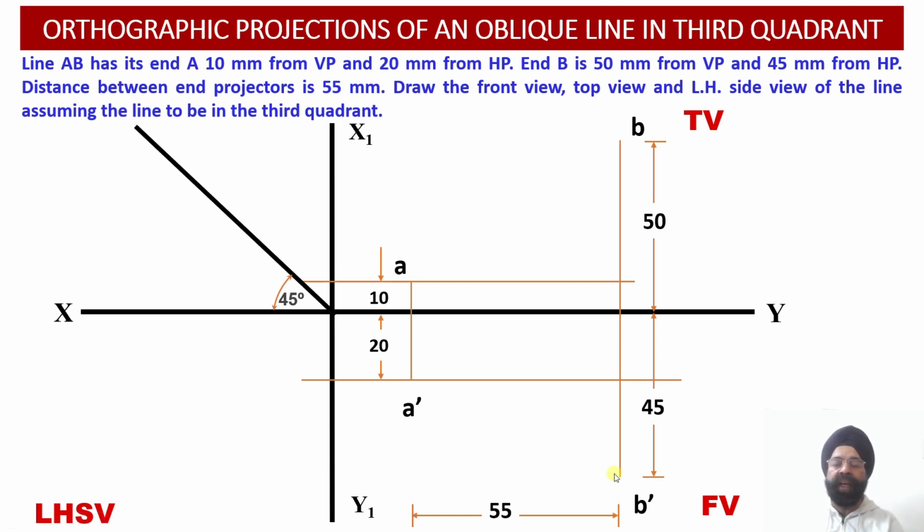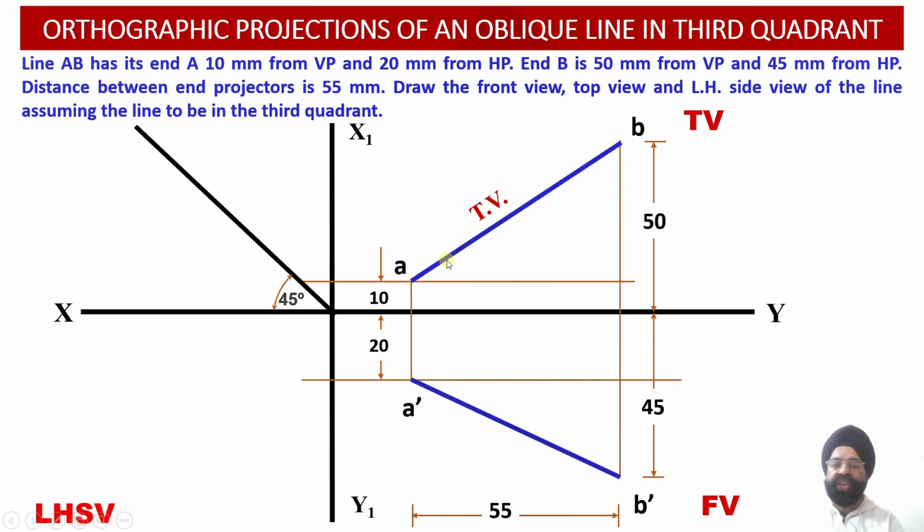Now having obtained the front view projections A dash and B dash corresponding to the line AB, and the top view projections of the line AB into the orthographic projections, we can join A with B and A dash with B dash over here.